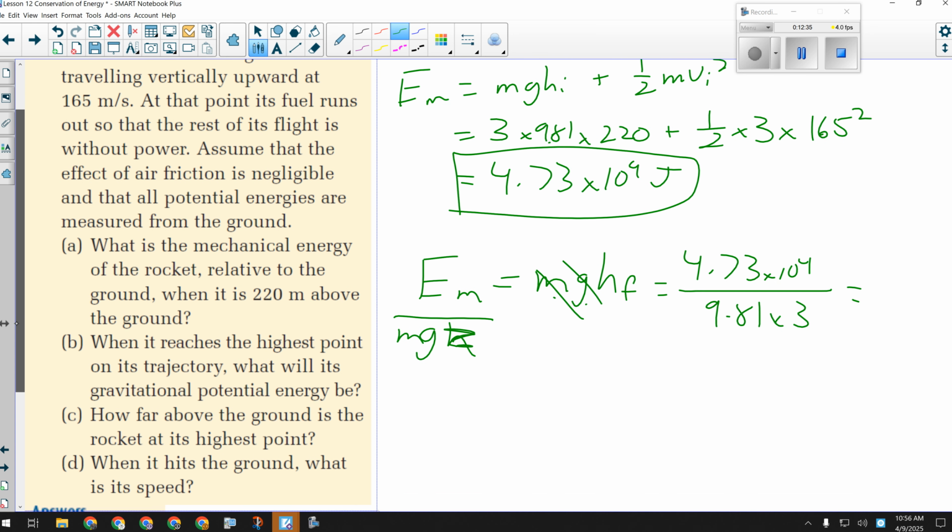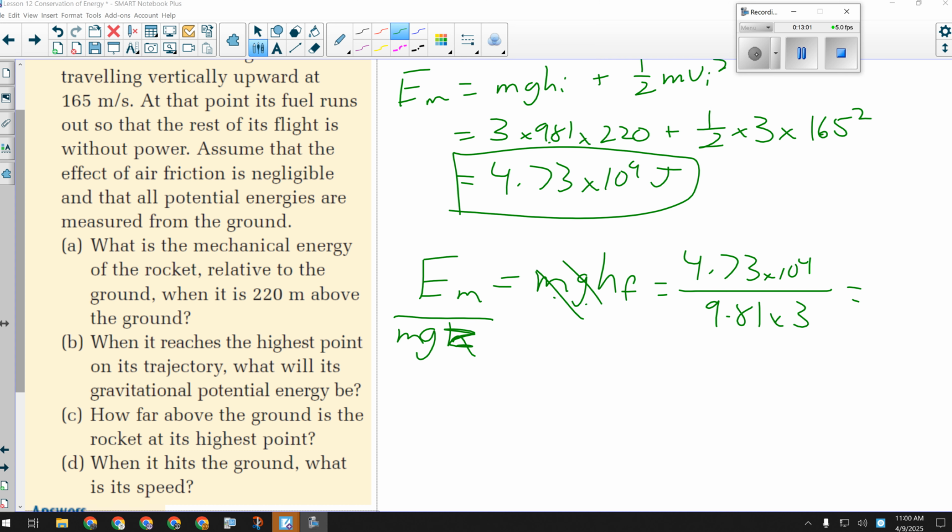Now, same idea. How fast is it going when it hits the ground? Do I know the mechanical energy of the rocket when it hits the ground? Yeah, it's 4.73 times 10 to the 4 joules.